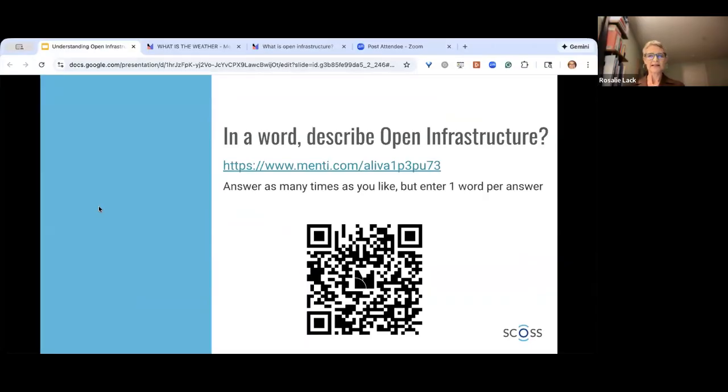So it's one word per answer, and you can put as many as you like, just to see what comes to mind for people when they think about open infrastructure. I think Mira has put this link in the chat also, so you should be able to just click on that link and come up with words that come to mind when you think about open infrastructure.